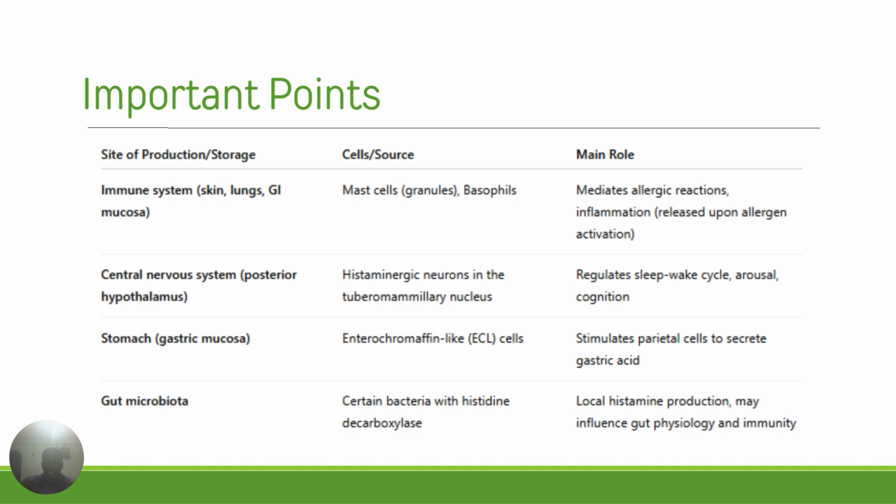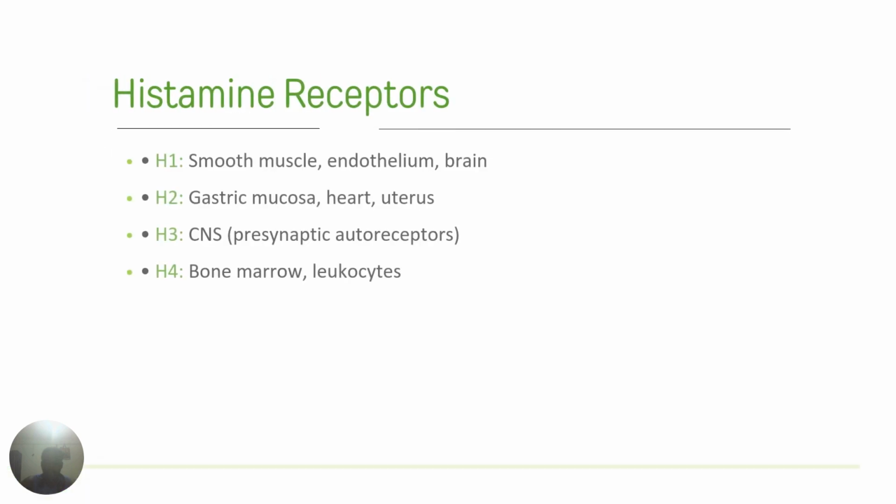The role it plays is that it takes part in the production and also the influence of gut physiology inside the gut. So basically, some microorganisms in the gut can produce histamine, which can be used in the gut in processes such as gastric acid secretion.